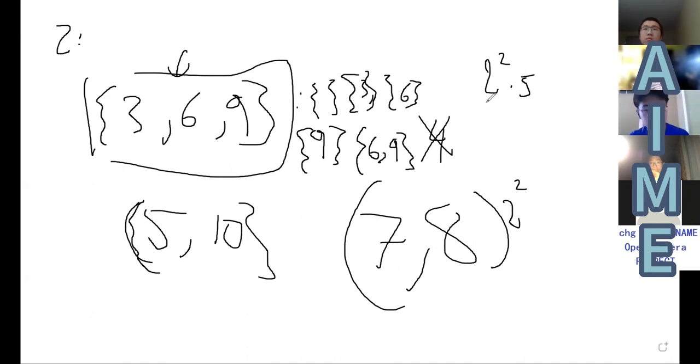Anyways, 5 and 10, you can only have one or the other, or none of them, so that gives you 3. So this gives us 60. Yes, so now we have 60 possibilities for 2.